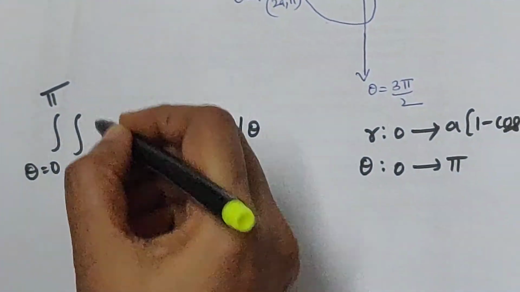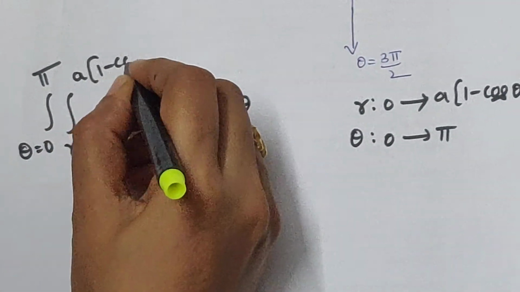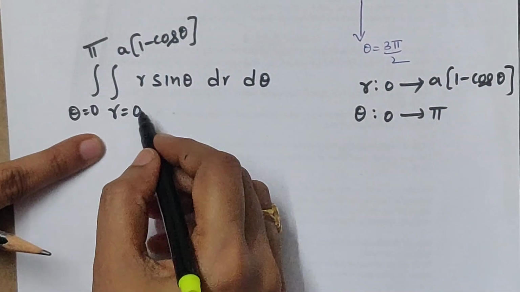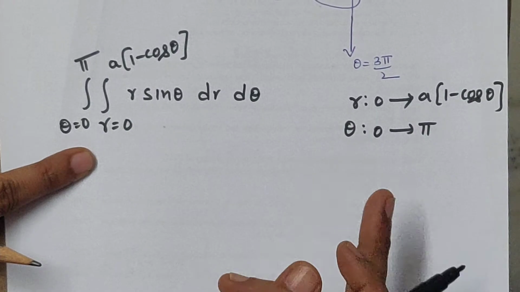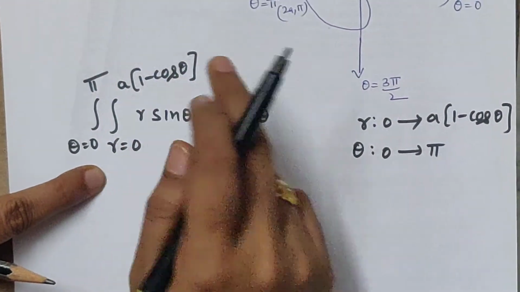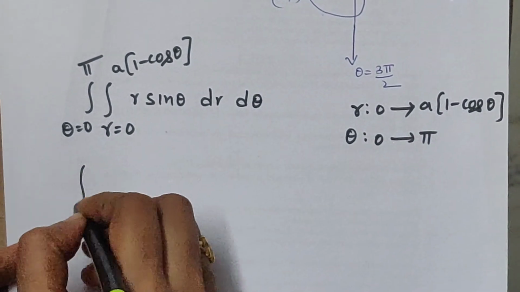R limits are 0 to a into 1 minus cos theta. As r limits are in terms of theta, here the variables are r and theta. So first do the integration with respect to r.